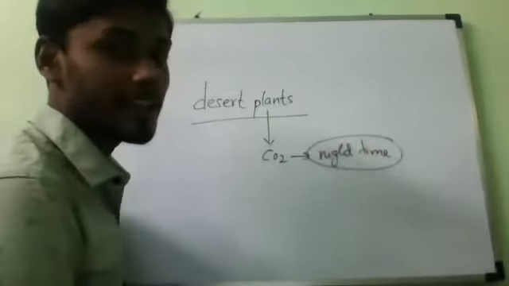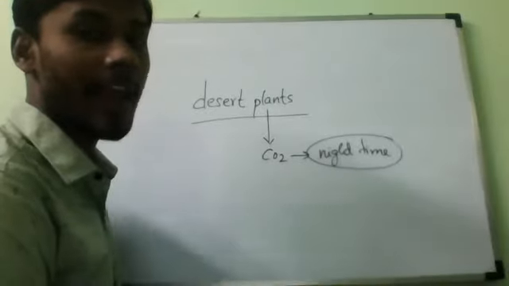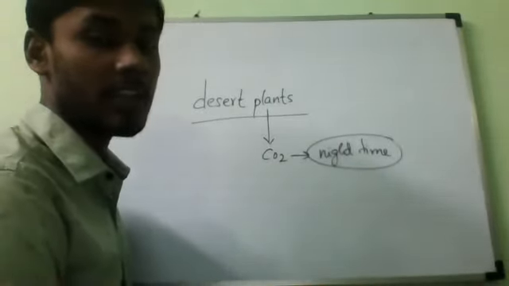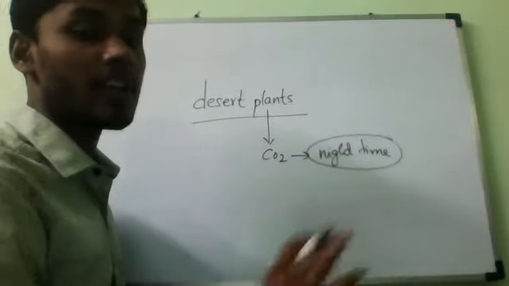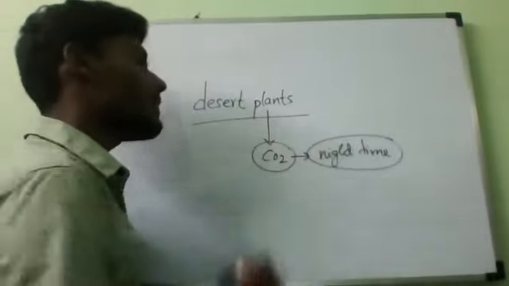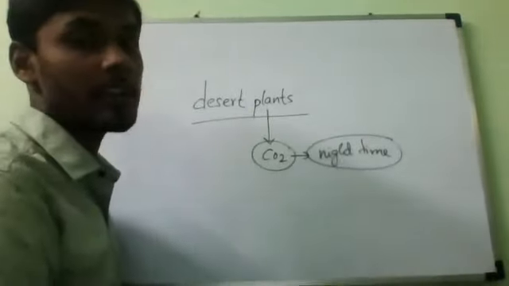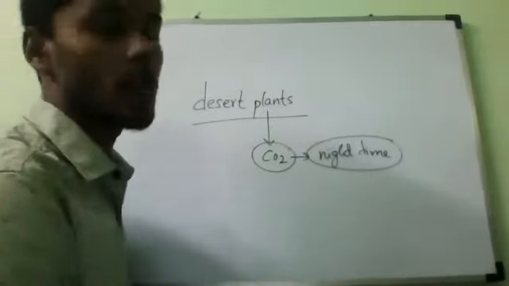I will say night time, and they prepare an intermediate product which is acted upon by the sunlight energy absorbed by chlorophyll when the sun shines during the next day. Understand? So they absorb the carbon dioxide at night itself and make an intermediate product, not the final product.